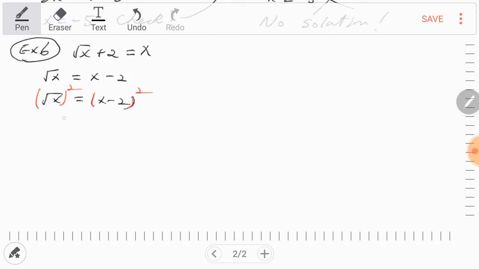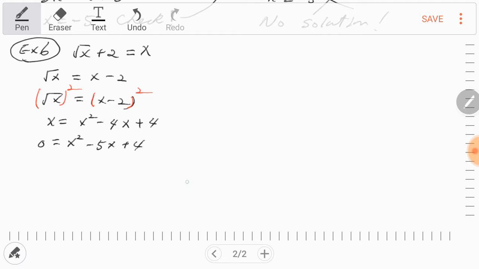Then x equals x squared minus 2ab, using the formula, so 2 times x times 2, so 4x, plus b squared. 2 squared is 4. And then move x to the other side, to the right. Then 0 is equal to x squared, minus x each side, so negative 5x plus 4.